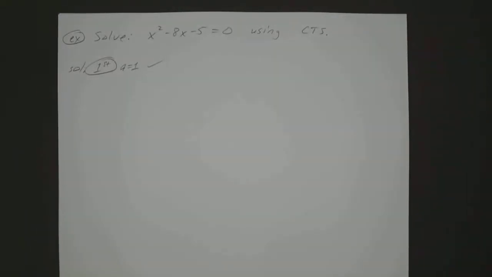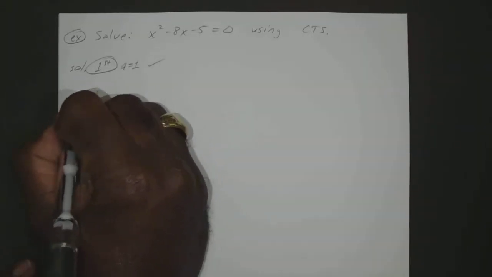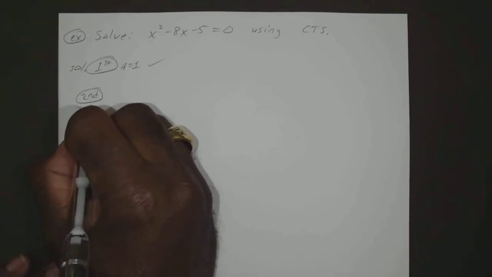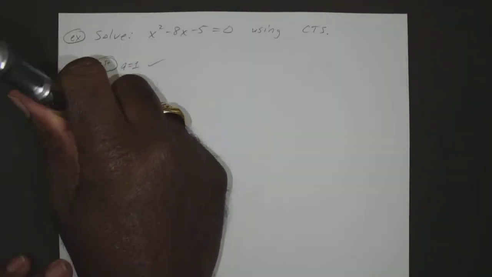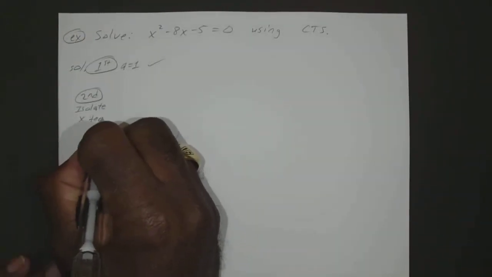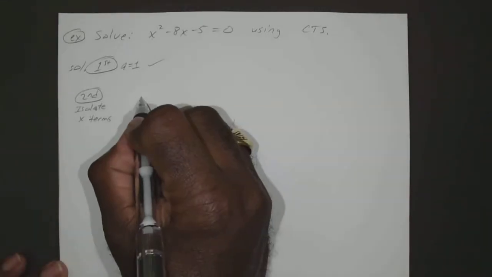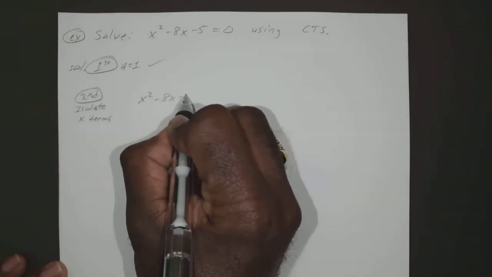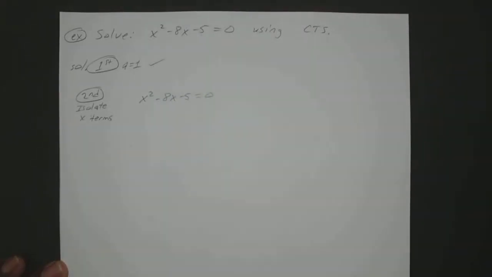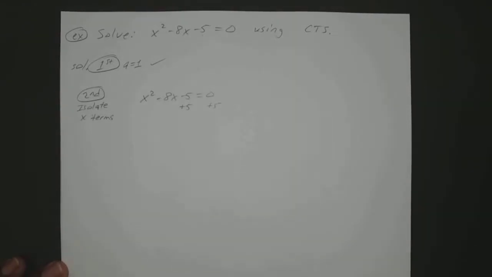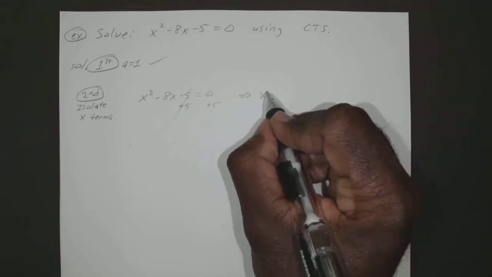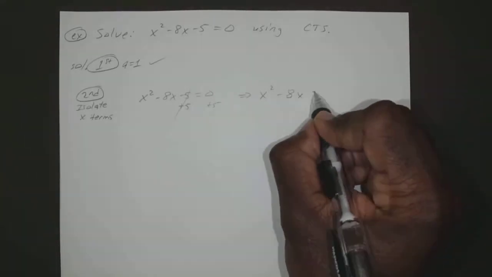Okay, so your second step is you want to isolate all of your x terms. So for x squared minus 8x minus 5 equals 0, you're just going to add 5 to both sides. So these two cancel out, and you end up with x squared minus 8x equals 5.